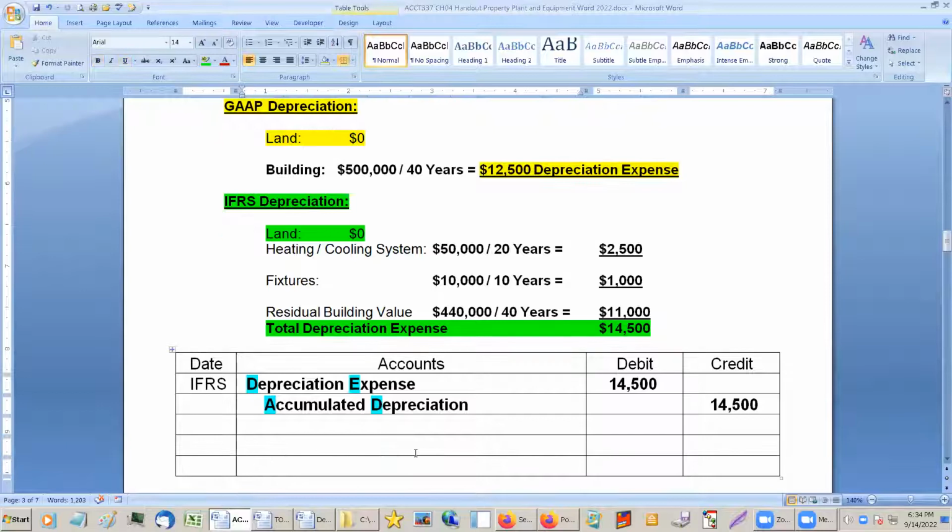What would the journal entry look like to get this back to GAAP standards? They put 14,500 on. When we put it into GAAP standards, it's only 12,500. So what would be the adjusting entry for this?